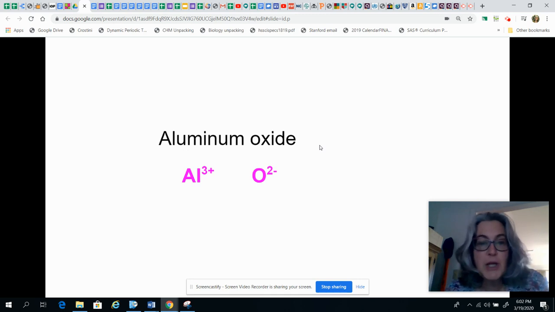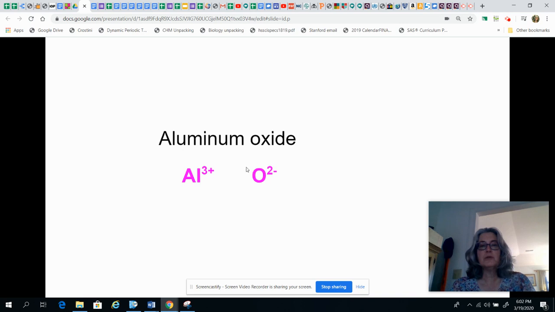Now, this one is a little more challenging than the ones we've done before because 3 doesn't go into 2 and 2 doesn't go into 3. So we can't just take 2 of one of them or even 3 of one of them and make it work. So how do you take these 2 different numbers that really don't mesh very well and make them work?